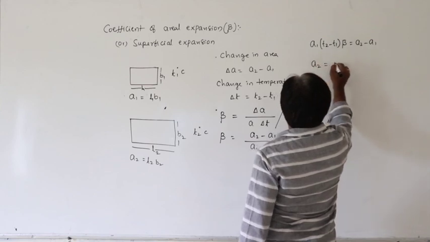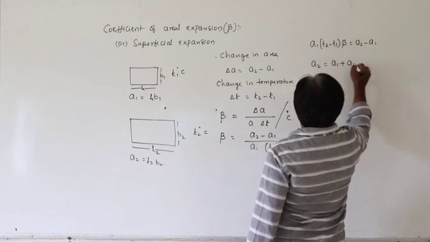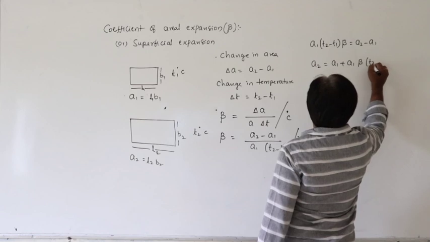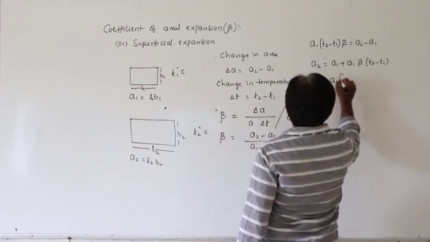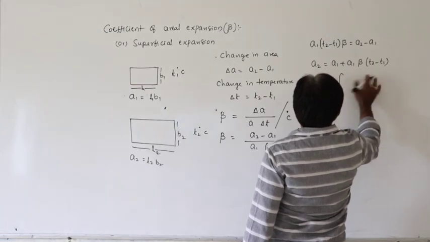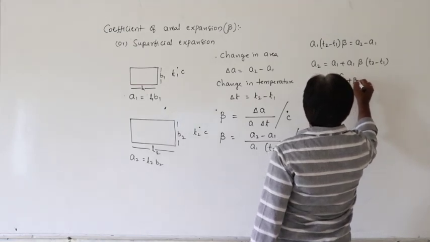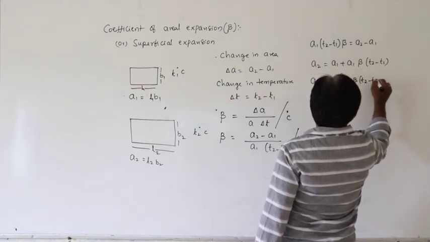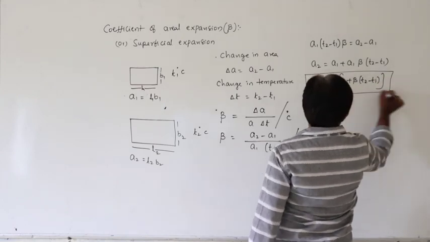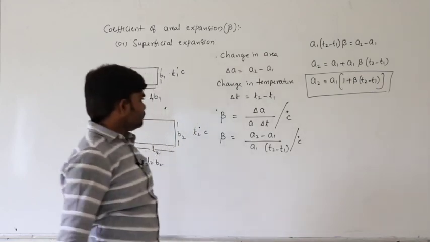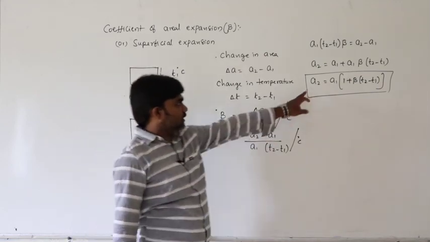Therefore, A2 is equal to A1 plus A1 beta into T2 minus T1. So A2 is equal to A1 common, 1 plus beta into T2 minus T1. This is the final area formula.